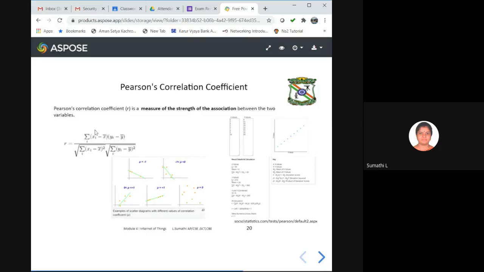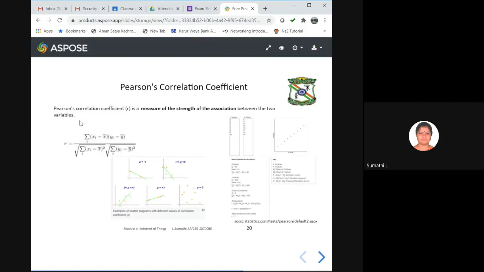You find the deviation, x minus x bar into y minus y bar, and you add them all. Then x minus x bar the whole square, you sum it up and find the square root. Same for y minus y bar the whole square, you sum it up and find the square root, and that is your Pearson correlation coefficient.